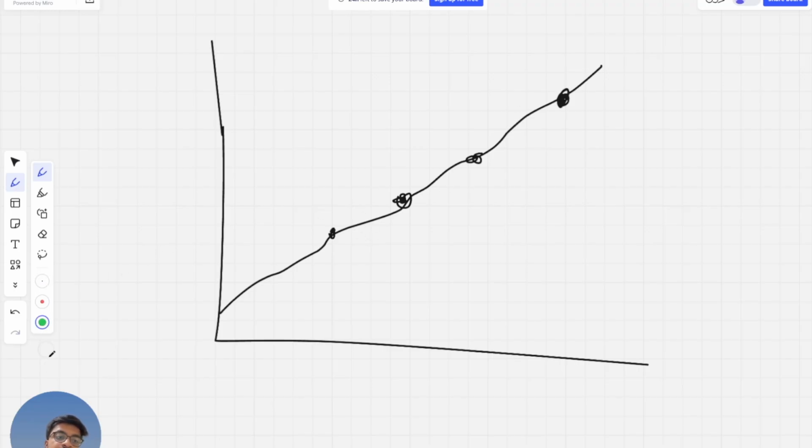This is a normal graph which has been plotted.